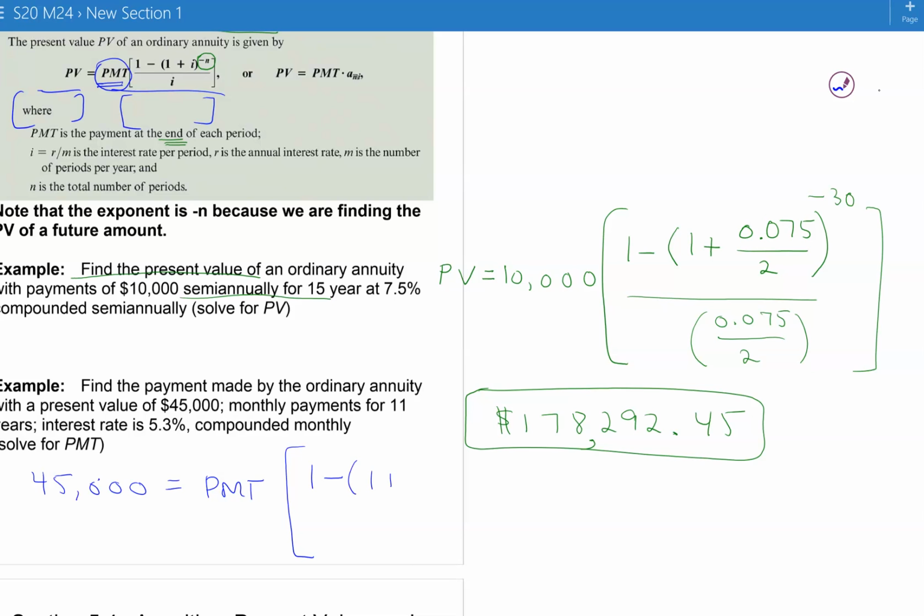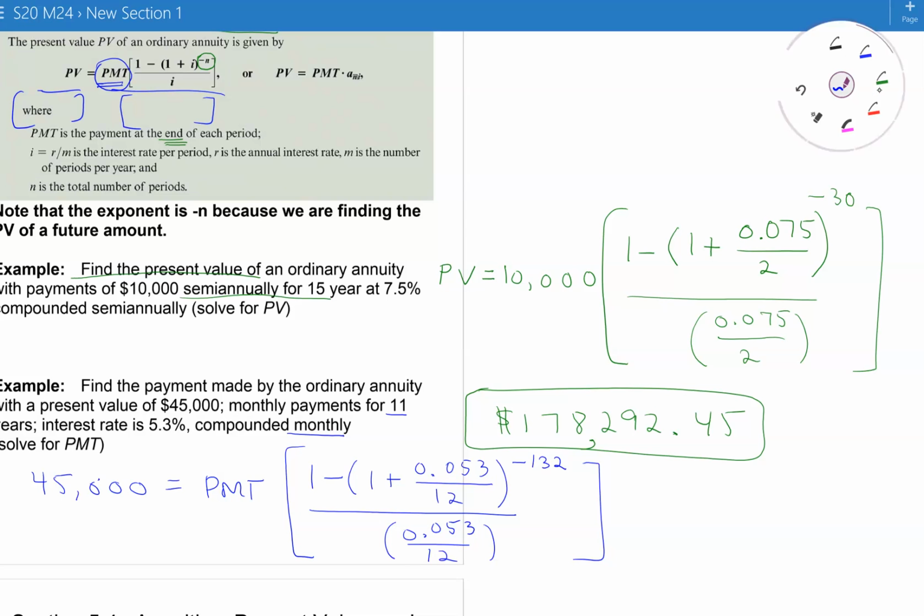1 minus 1 plus. My interest rate as a decimal will be 0.053 compounded monthly, so divided by 12. Then I'm doing monthly payments for 11 years, so that's going to be 132 payments. So that exponent is negative 132. And then we divide by that same i.